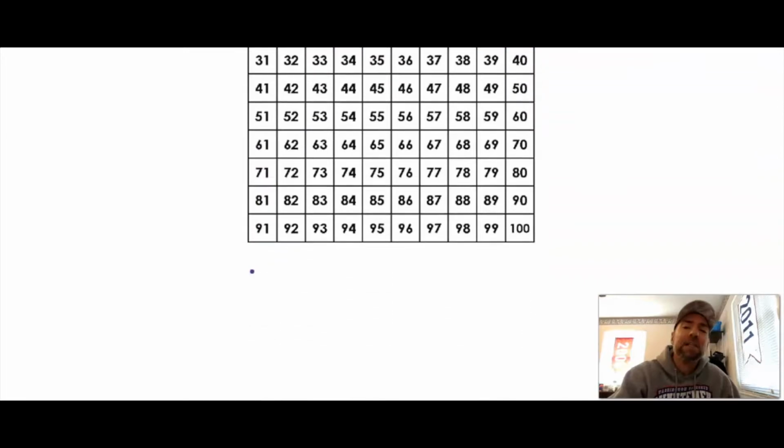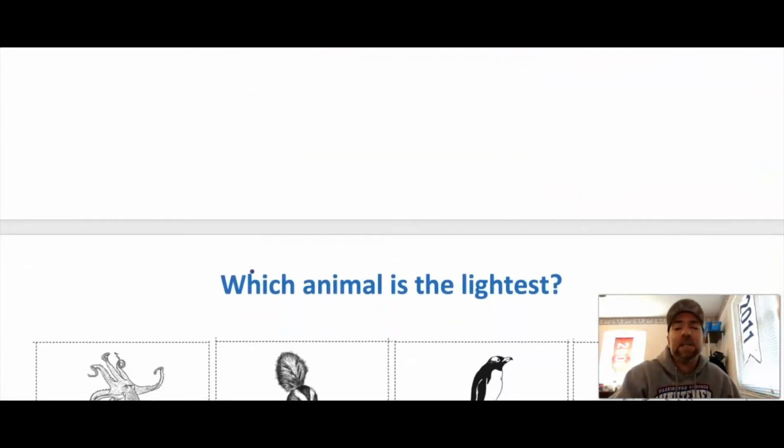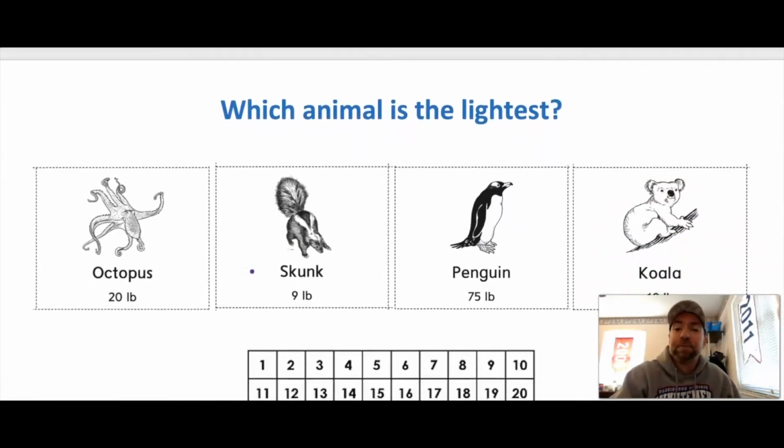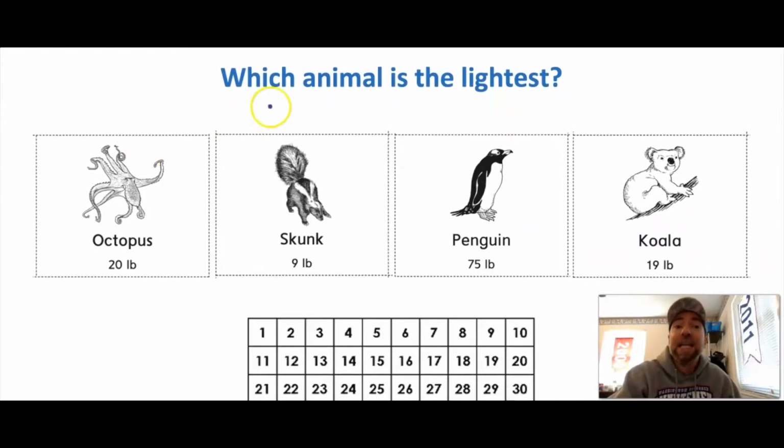Let's take a look at this one. This one says, which animal is the lightest? The lightest. That's like saying which one is the least, more or less. All right, so let's go ahead and circle these numbers. The octopus weighs 20 pounds.